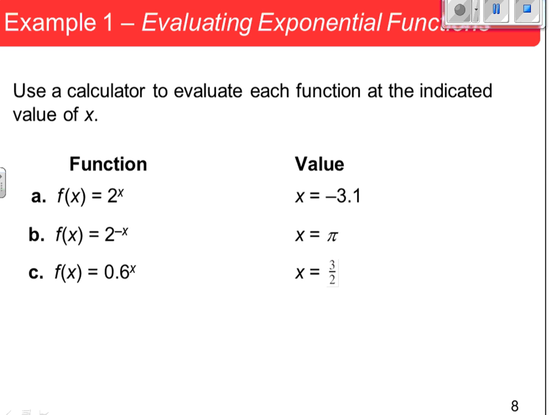F of x is 2 to the x, and x is negative 3.1. F of x is 2 to the negative x, and x is pi. And f of x is 0.6 raised to the x, and x is 3 halves.